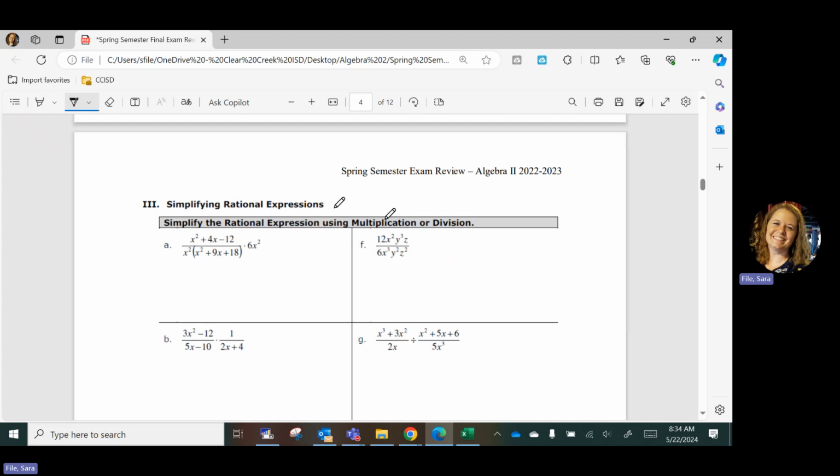And then we did solving rational equations. When simplifying rational expressions, remember you're trying to get everything in factored form and reduce what you can, any common factors, once you get it for multiplication and division, or in addition, once you have them combined with a common denominator.